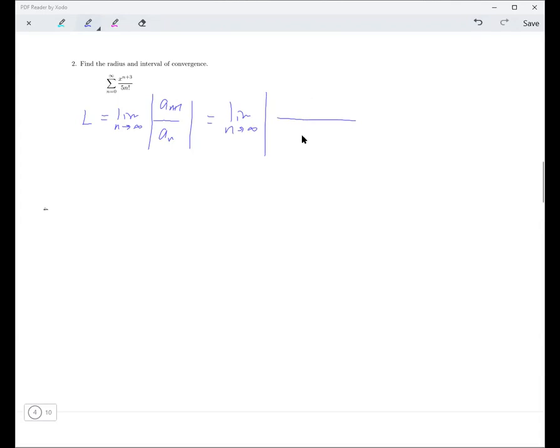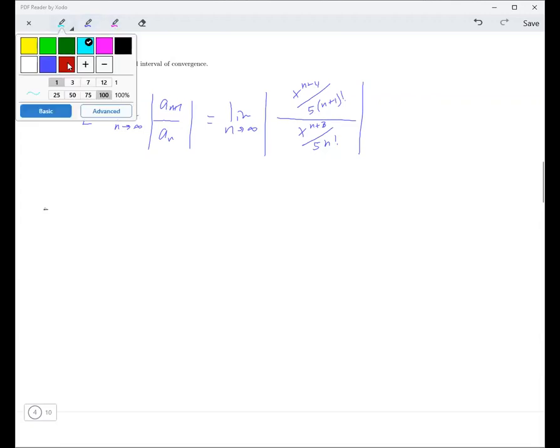Okay, so our a_n is just, you can just copy this down right here, and then add 1 up here. So adding 1 here gives you n plus 4. And adding 1 here gives you 5, (n plus 1) factorial.